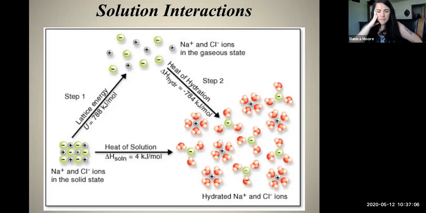So this is obviously a very small amount of energy required to get sodium chloride to dissolve. Where does the energy come from to get this ionic solid to dissolve? Let's say we're trying to dissolve it in water, like this example. Where would this kilojoules per mole come from?